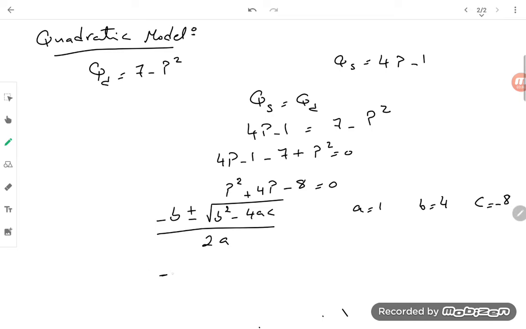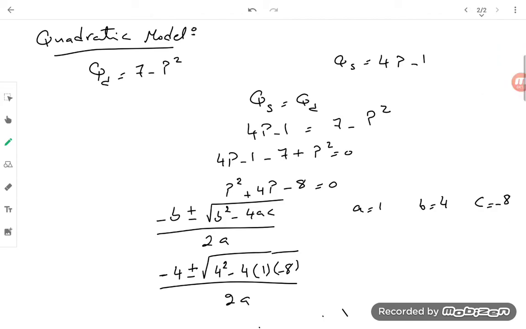So it is negative 4 plus or minus the square root of 4 squared minus 4 multiplied by 1 multiplied by negative 8, divided by 2a. As the power is 2, we have to find two different answers for b.